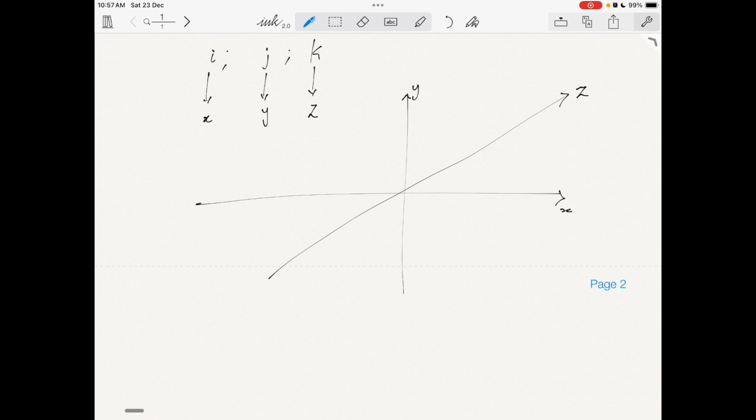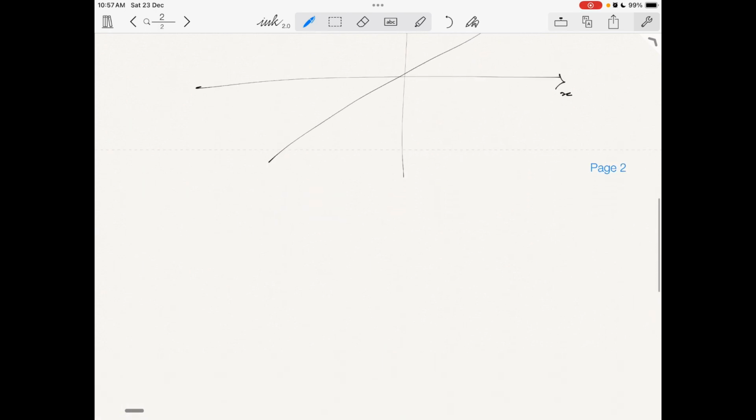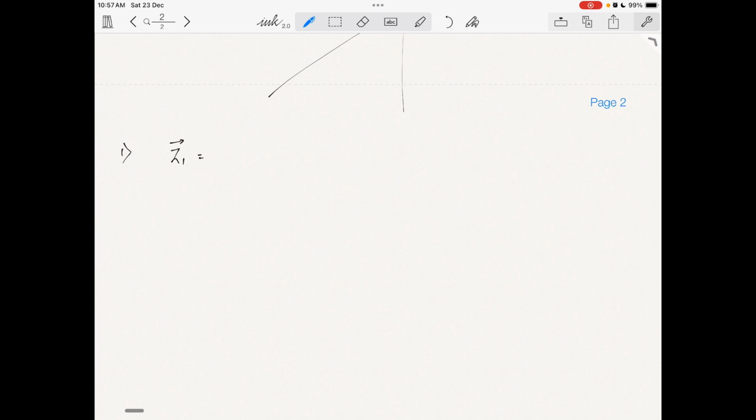Let's say we are given question 1. Z1, as a vector, equals 2I plus 4J, and we are given another vector, Z2, equal to 5I plus 2J.